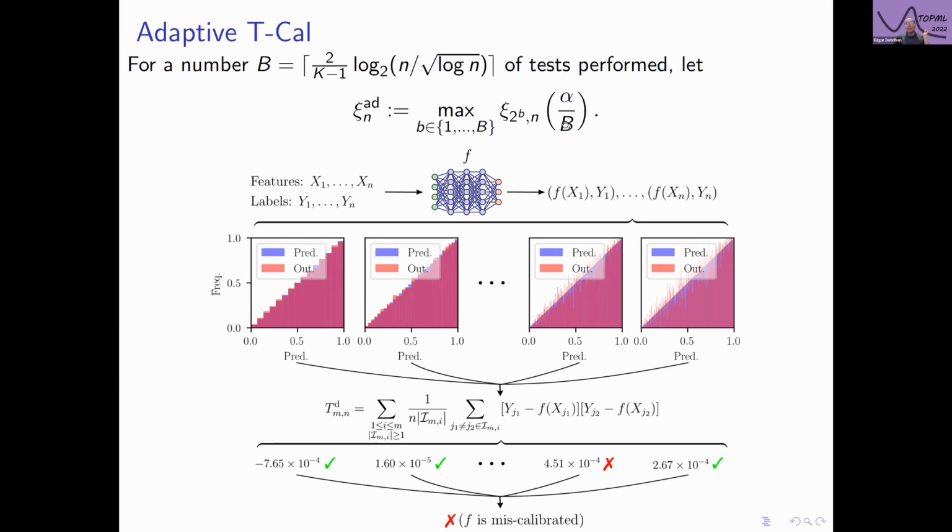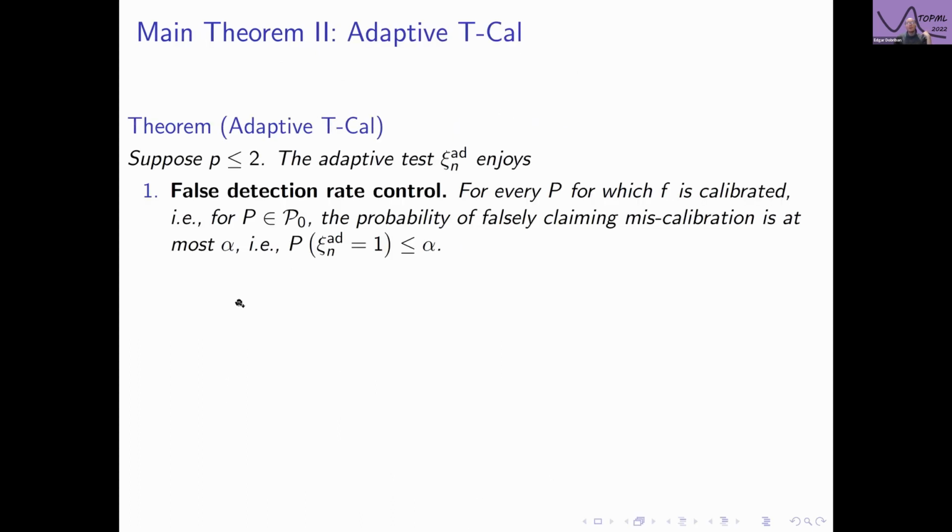And then we also need to divide the significance level at every given test by big B. So we test every one of them, and the maximum here means that if at least one of them rejects, then we reject. This leads to our final adaptive version of the method. And for this one, we have the same false detection rate control without knowing the smoothness.